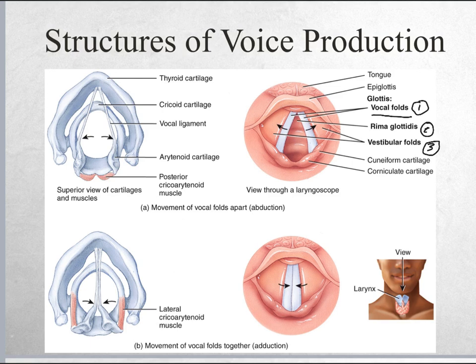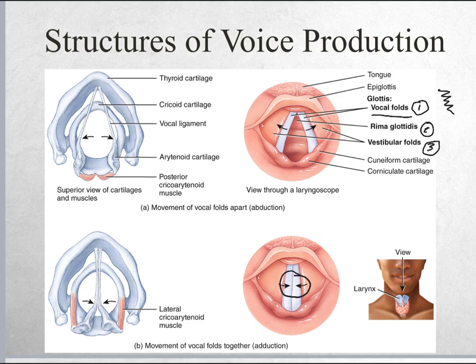Now, real quick, just to go through, we're not going to spend too much time talking about what they do, but the long and the short is that our true vocal folds work by vibrating, and by vibrating, they're going to expel air and produce sound. The vestibular folds do one of 2 things. When they are abducted, they will be open. When they are adducted, they are closed.